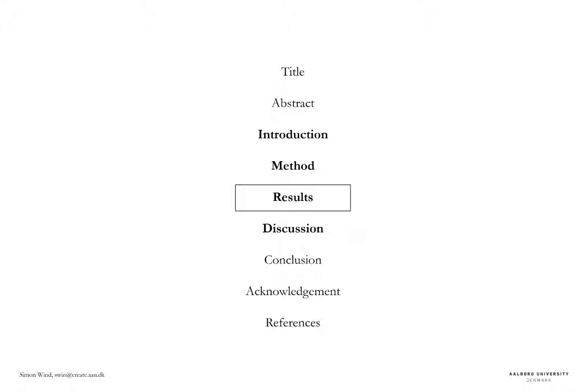Results. This is probably the most variable part of any research paper and depends upon the results and the type of research that you're doing. This is where you put forward your findings, present your empirical data. It might be survey data, literature reviews, theory, observations, and so on. And it is a chance to give a general overview for the reader to understand your material.